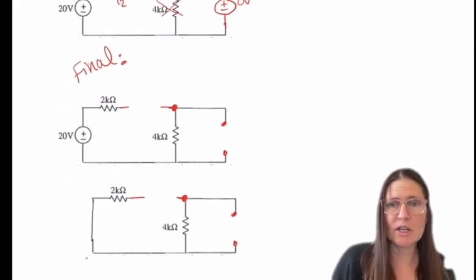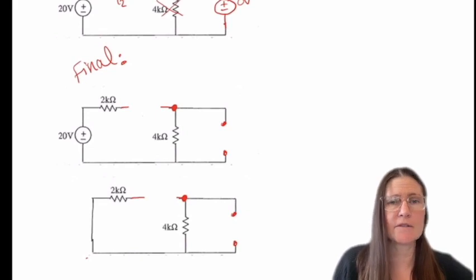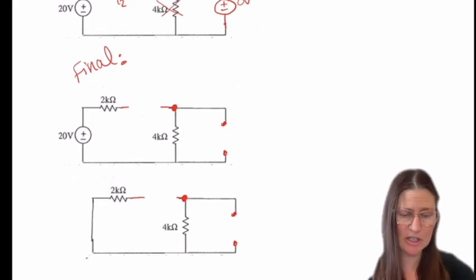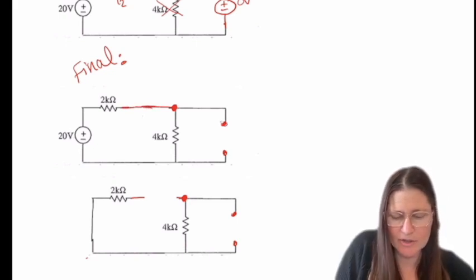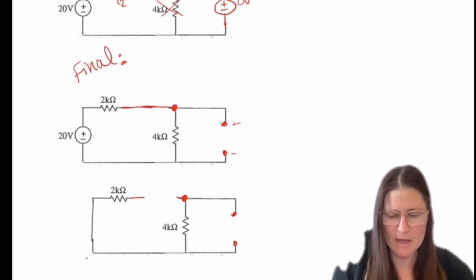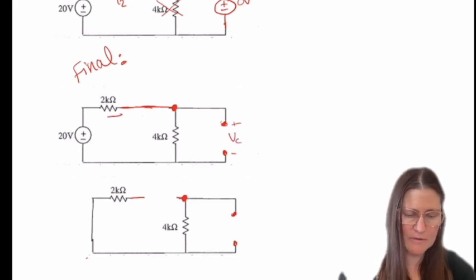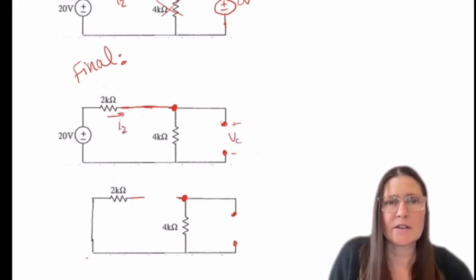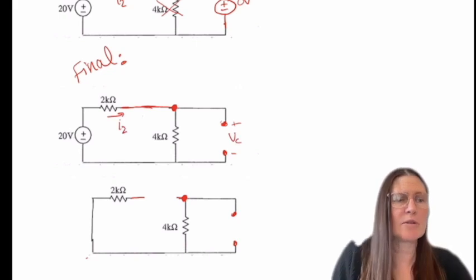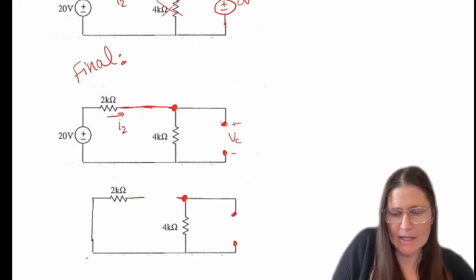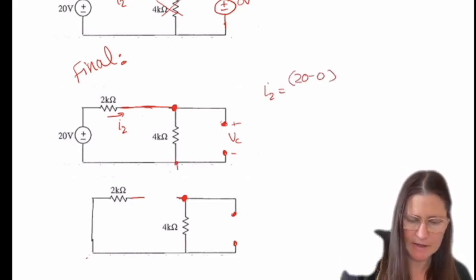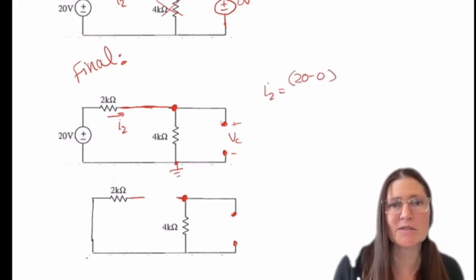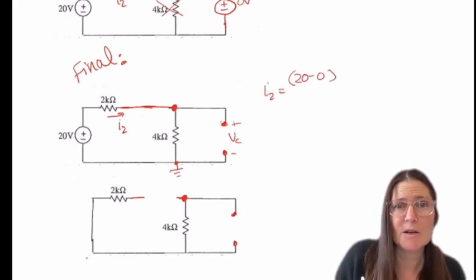For the final one, we are again going to draw the circuit, and then from there we determine the switch position. In this case, again, it's closed, and the capacitor sat there again for a really long time. And we are going to find I2 in this circuit. So I2 is equal to 20 minus 0 again. I forgot to draw the grounds, but this would be my ground location, so that would be where the 0 is.